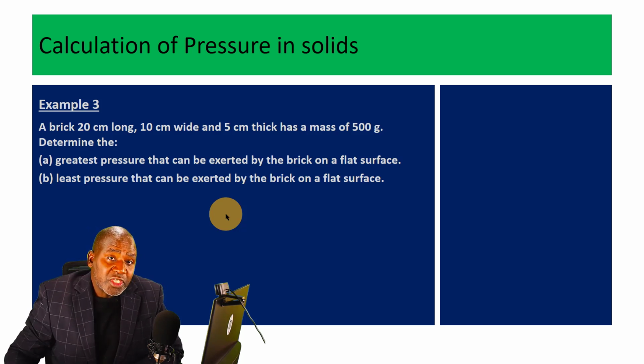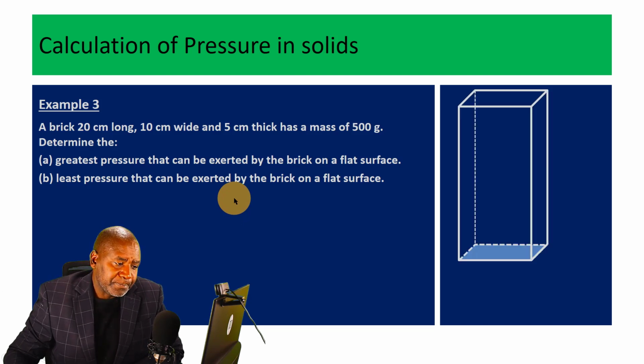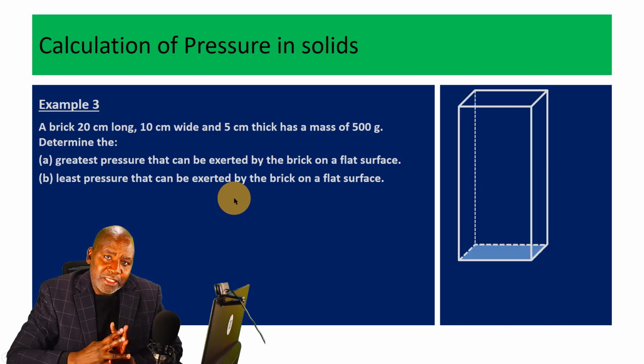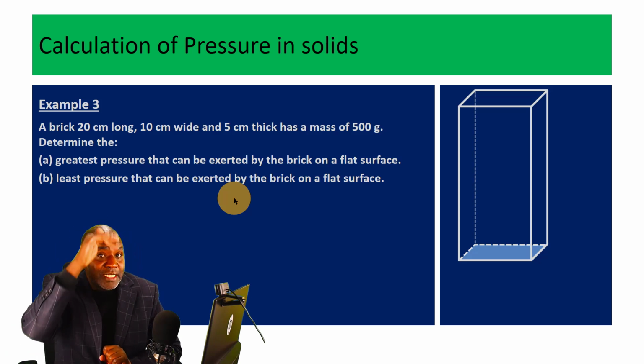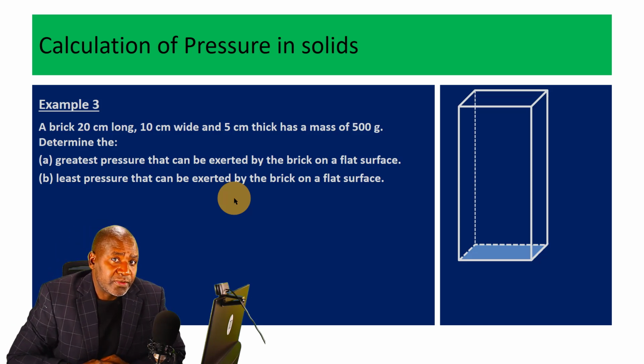So I'm going to use this question to discuss two factors which affect pressure in solids. But first of all, let's look at the situation that we have. We have this brick here. It has a mass of 500 grams.